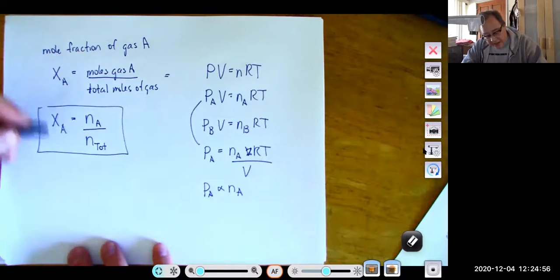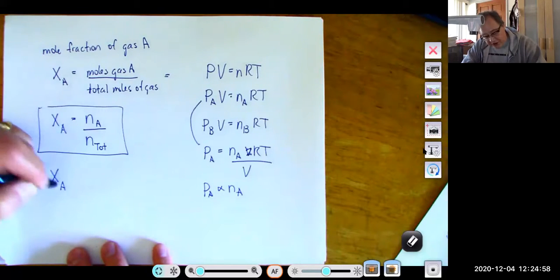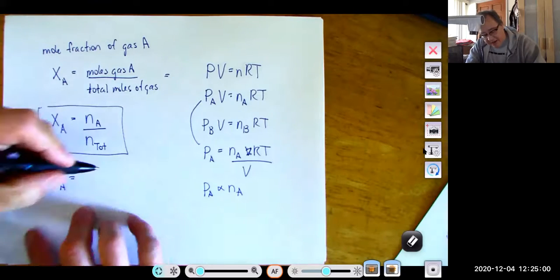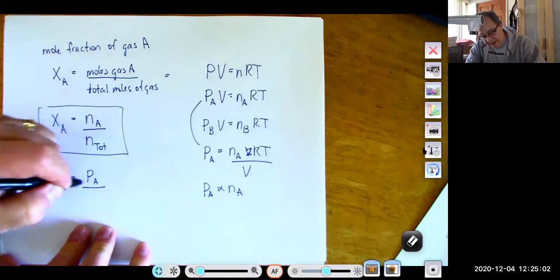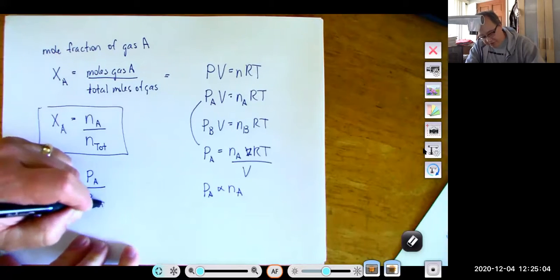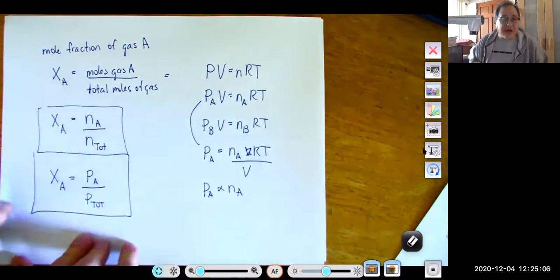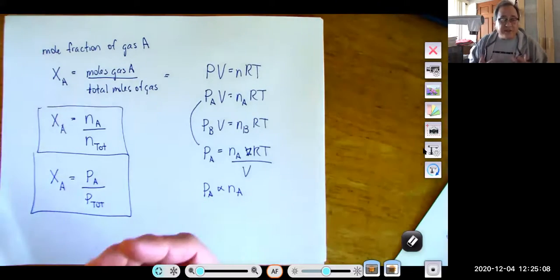So that means we can actually calculate the mole fraction of A by taking the partial pressure of A and dividing it by the total pressure. These, in fact, are the same, will give you the same result.